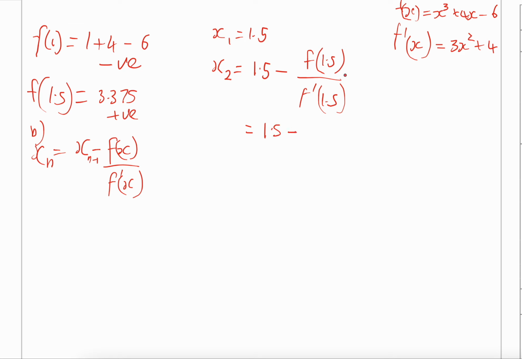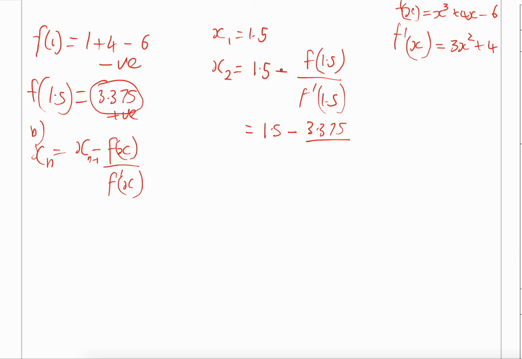We already know f of 1.5 because we found it earlier: 3.375. Don't repeat your work. Is it 10.75 for the denominator?